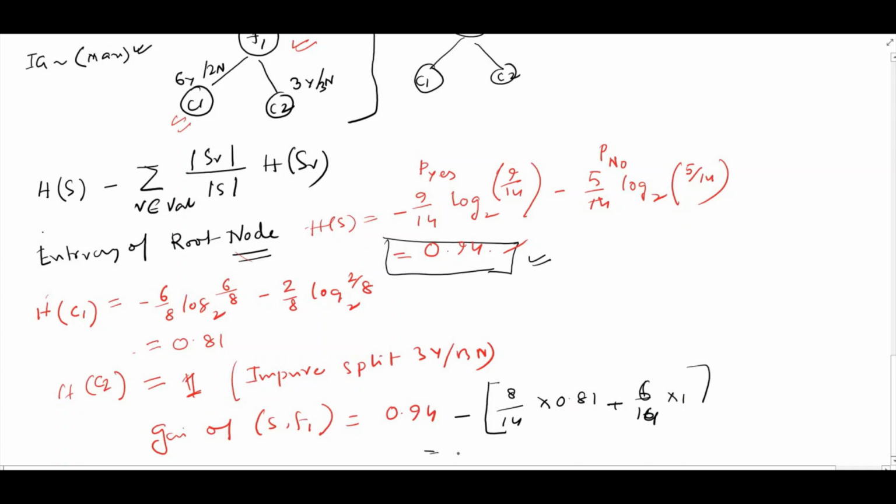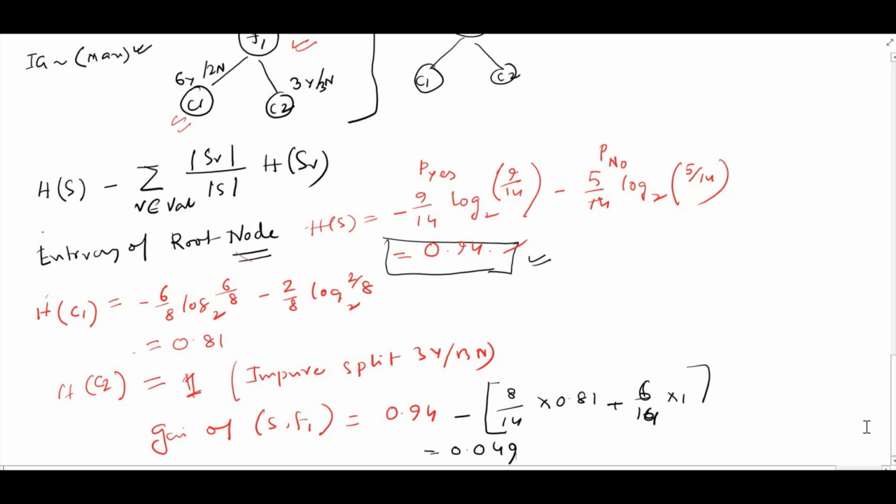So it will come to 0.049. Now, where is this 8 by 14 coming from? 14 is the total number of observations, and 8 is how many are part of this one.